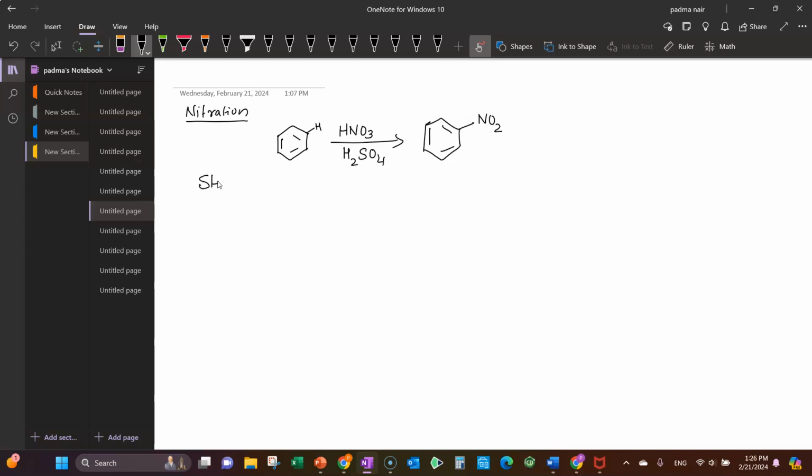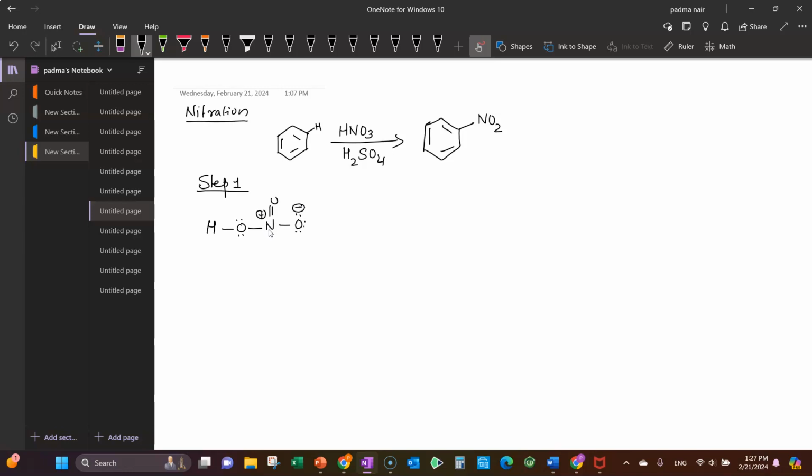Okay. So in this case, the mechanism's first step is the formation of the electrophile. And for that, we need both of them. So we have HNO3. HNO3 can be written like this: N double bond O, O. This is how HNO3 is represented. If you see, we have a negative charge here and a positive. The formal charges, if you put, this oxygen has a formal charge of -1.